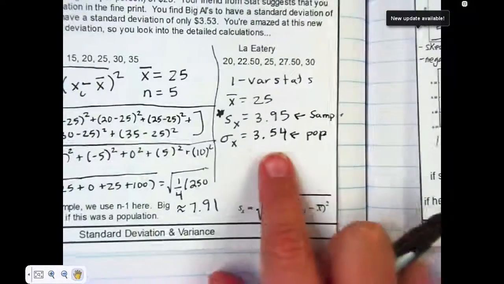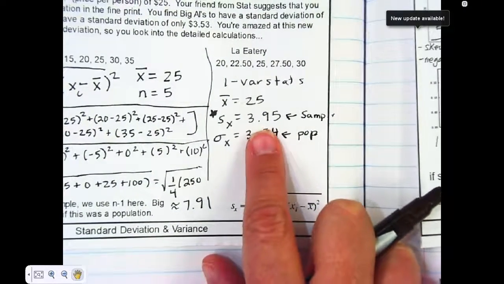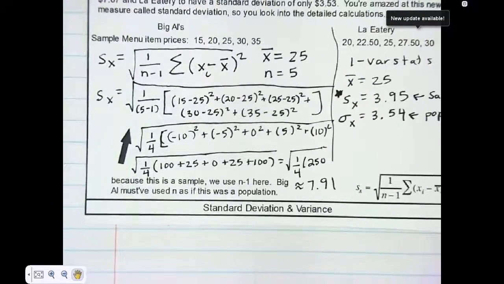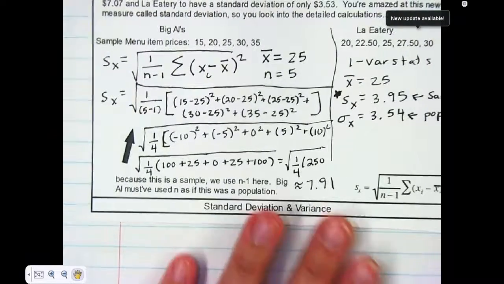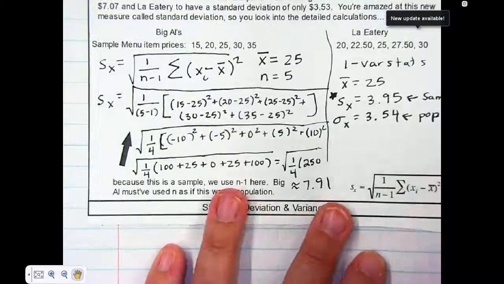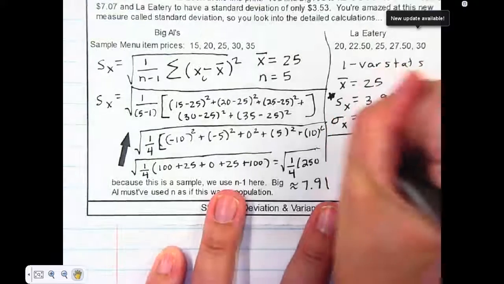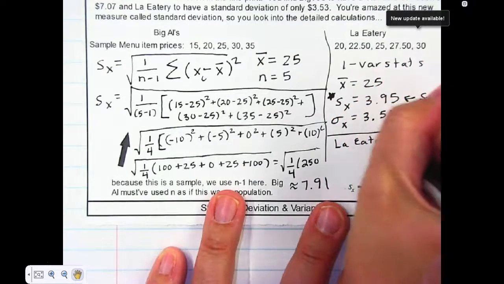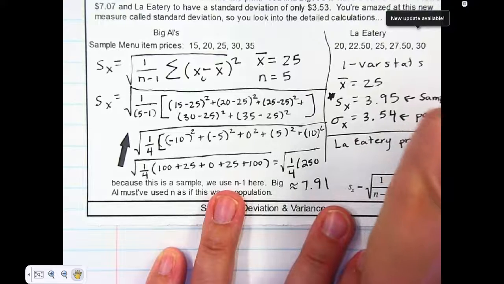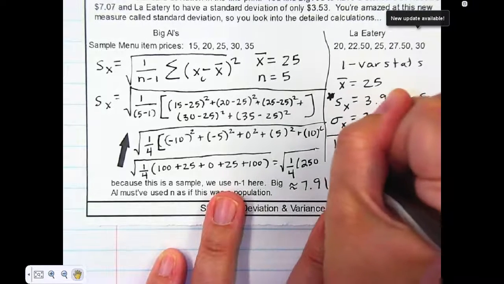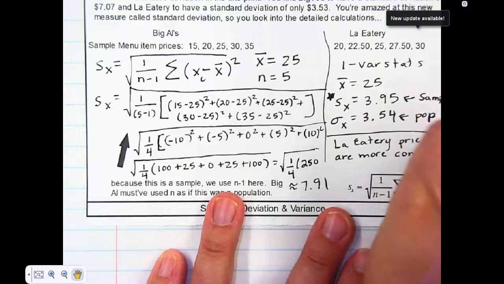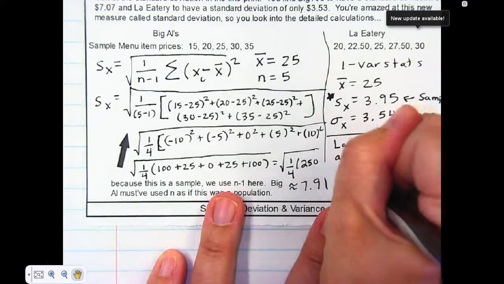Over here, for Lot Eatery, I have 3.95. So if I was to compare the two, I can say that Lot Eatery prices are more consistent, or you could say less variable.